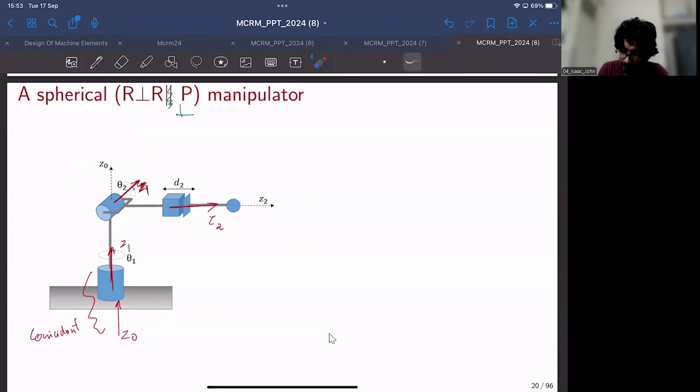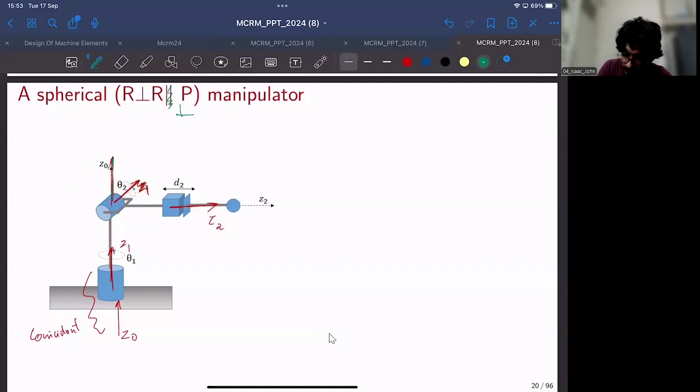So once you have identified the Z-axis, now you need to fix the X-axis. Typically, the X-axis would be the common perpendicular to the current axis and the subsequent Z-axis. So in this case, Z2 and Z1 are perpendicular. So the common perpendicular would be along this axis. So X1 would be like this.